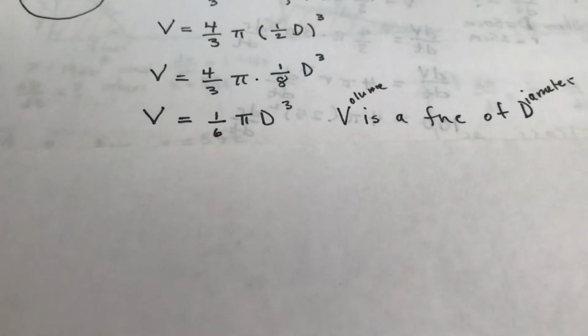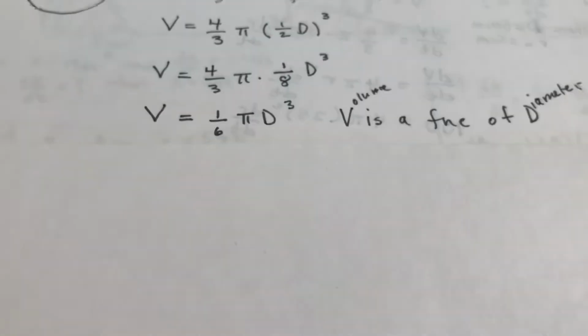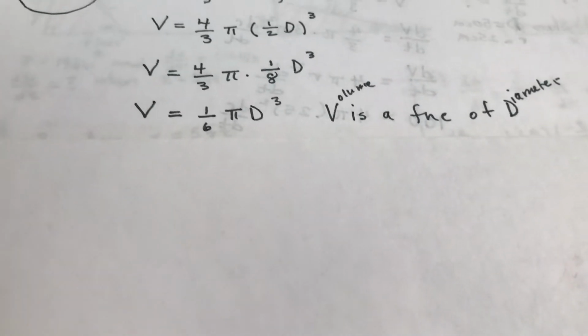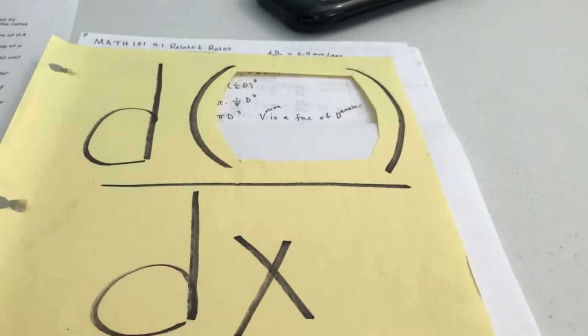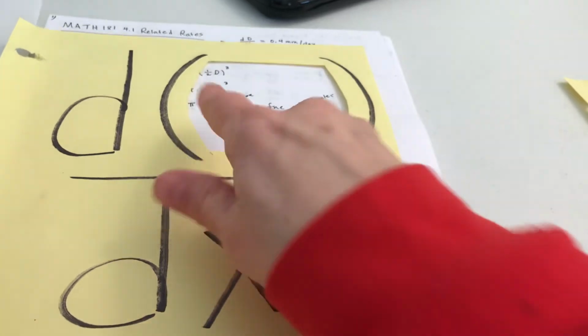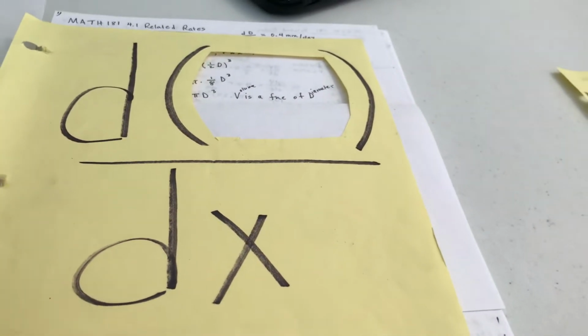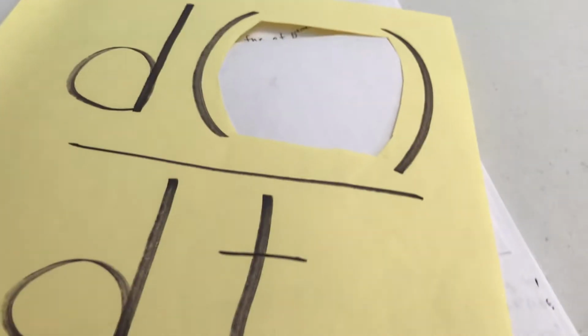Now I have a relationship between volume and diameter, and I want to take the derivative of this with respect to time. If you recall my operator, this one right here, this was my d/dx, where I would take the derivative of something with respect to x. Now what we're going to do is take a derivative with respect to time.